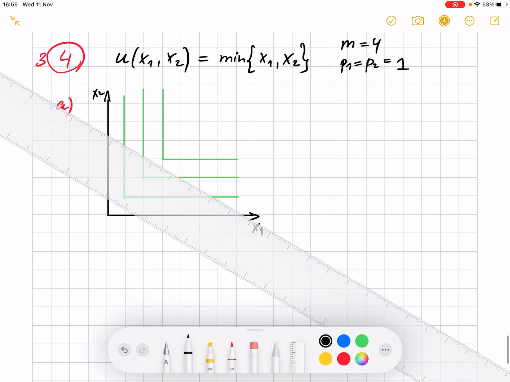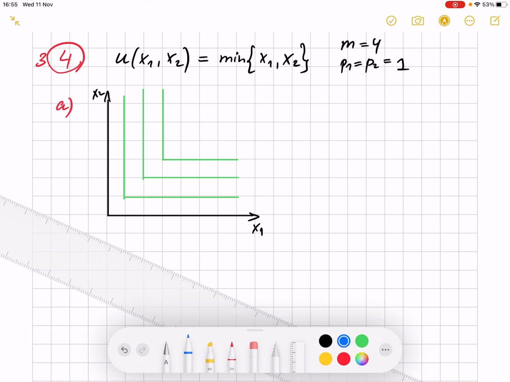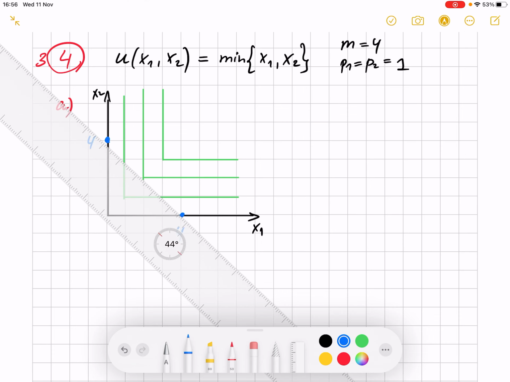In order to draw a budget constraint, you just need to ask yourself how many units of the first good and how many units of the second good the individual will be able to buy if he buys only that good. Let's say he spends all his money on good x1, and we know that the price of that good is 1 and income is 4, so he will be able to buy 4 units of the first good. The same logic applies, and he can buy 4 units of the second good if we have corner solutions.